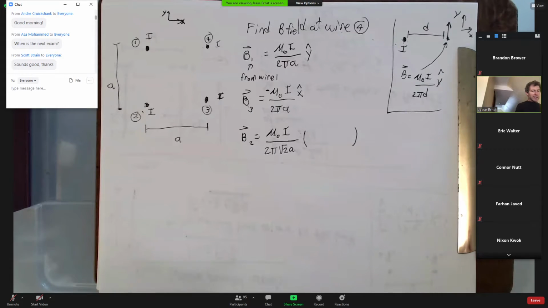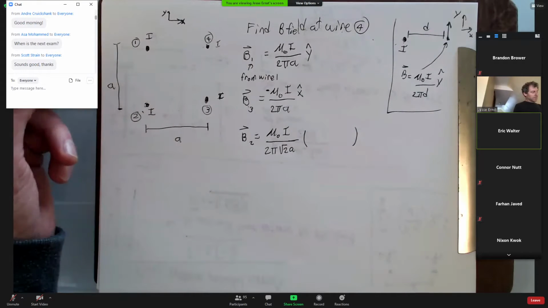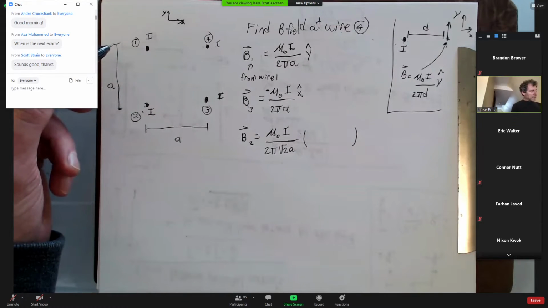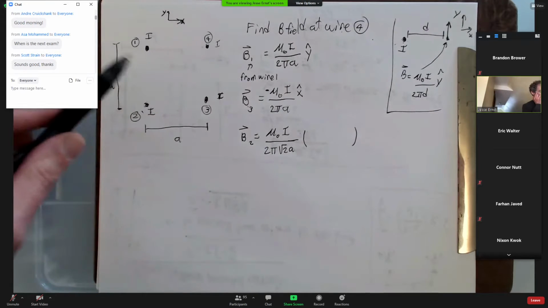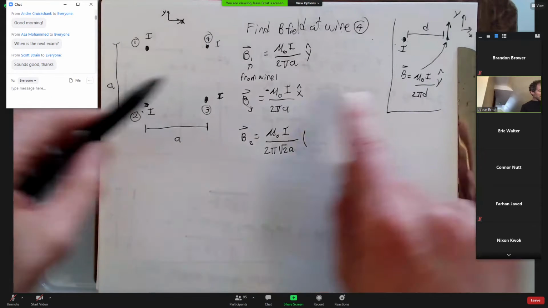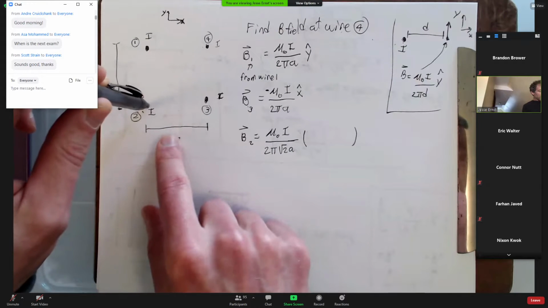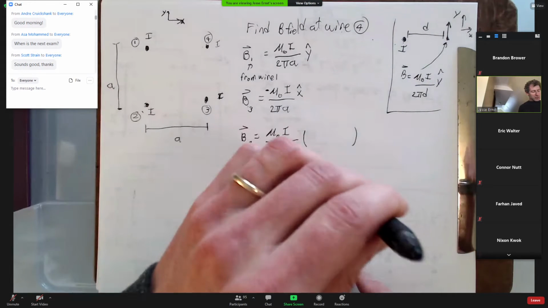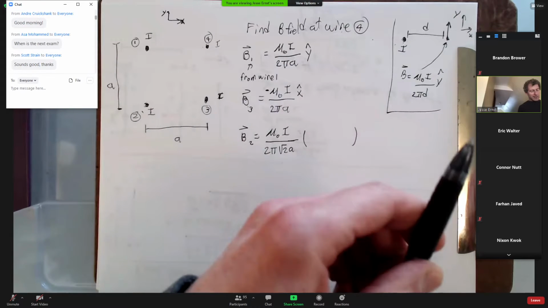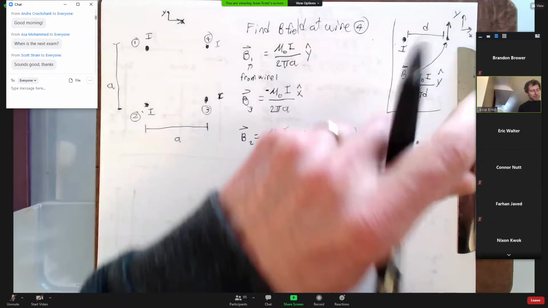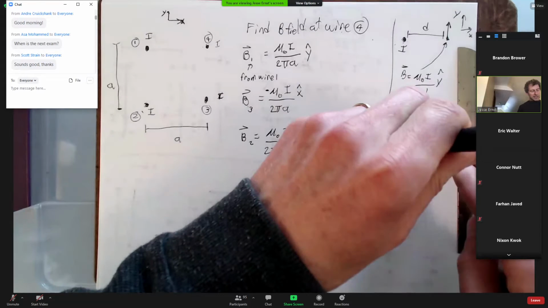All right, any ideas? It would be towards wire 1. No, I don't think so, right? So imagine, picture this again. If I have a wire coming out of the page, here's my current coming out of the page. My B field here is that way.